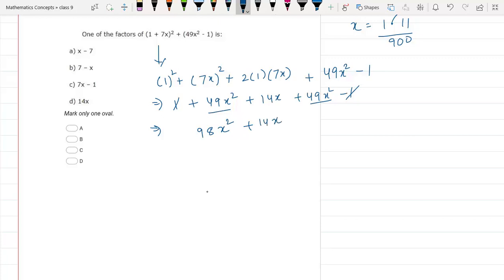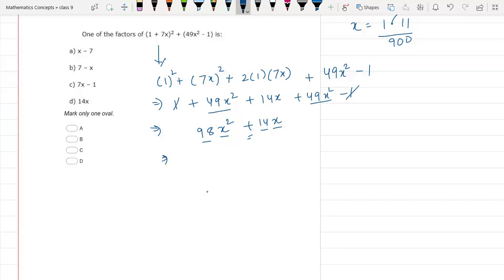I have told you, when there is a plus in between, this is the expanded form. We want to find the factor form of this. To find the factor form, I have told you there are 4 ways, out of which the first way is to look for common factors. And if you observe, x is common. Apart from this, if you know the table of 14, you can observe 14 is also common. If you don't know, you can check on the right hand side.